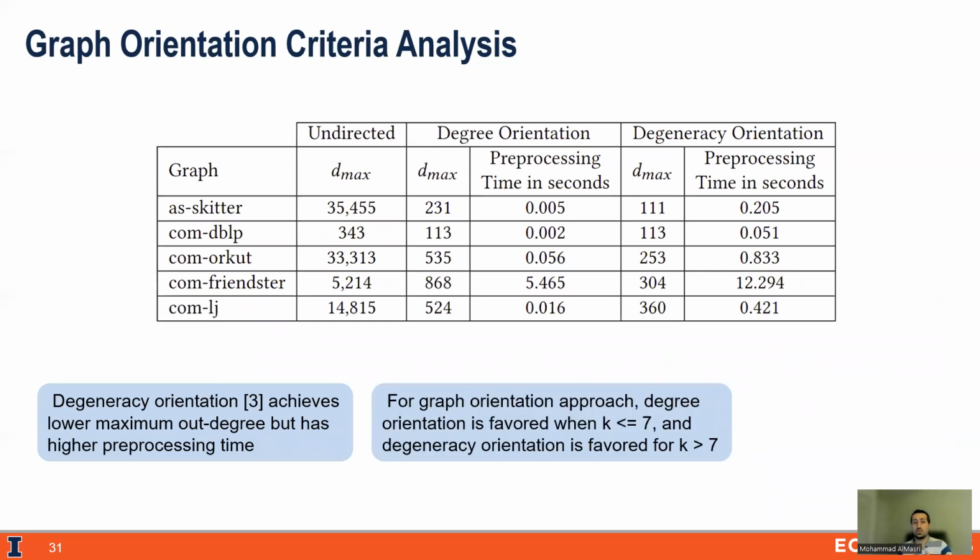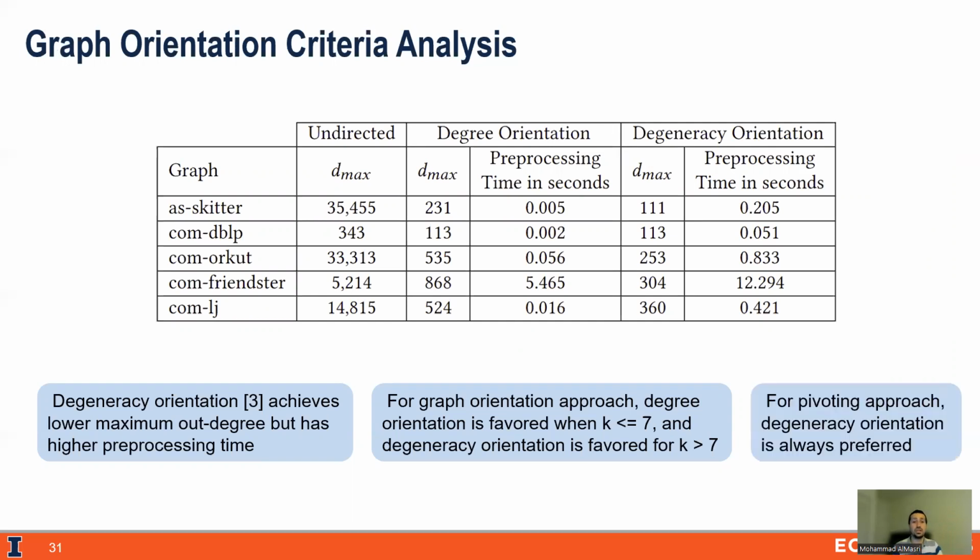Graph orientation is favored when K is less than 7, and the degeneracy orientation is favored for K larger than 7. And we give some insights and more details on this in the paper. In the pivoting approach, we always use degeneracy orientation because pivoting is faster than graph orientation after K equals 7, so the cost of degeneracy is being amortized.